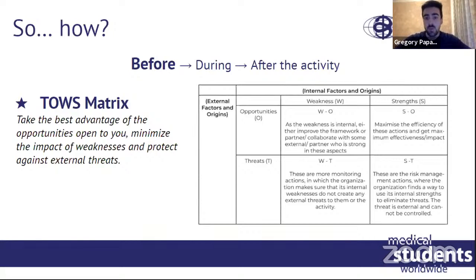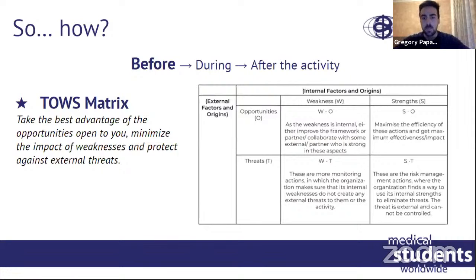As I said before, maybe a weakness is that I don't have enough capacity to conduct my activity. So an opportunity is the external partners that I can collaborate with. So how can I use this opportunity in order to tackle this weakness?